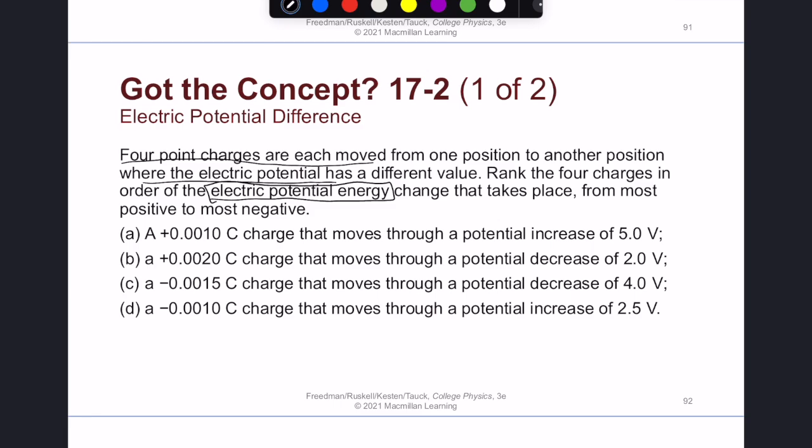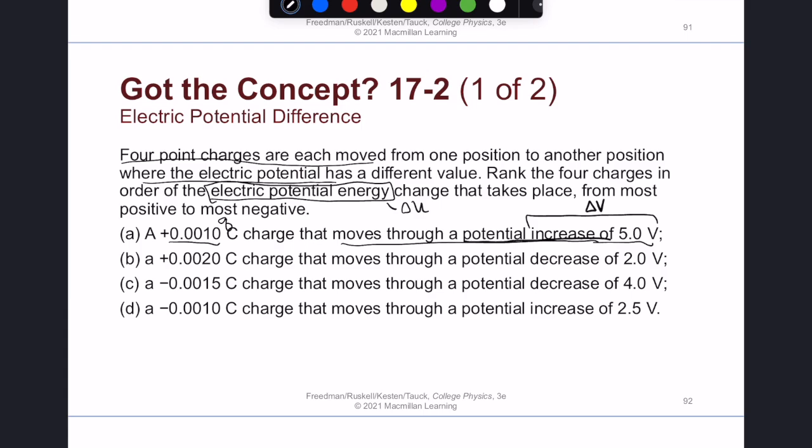So we're ranking the electric potential energy. The information that we're given to find the electric potential energy change, delta U, is the charge value, Q, and the potential increase or decrease, which is a delta V value.